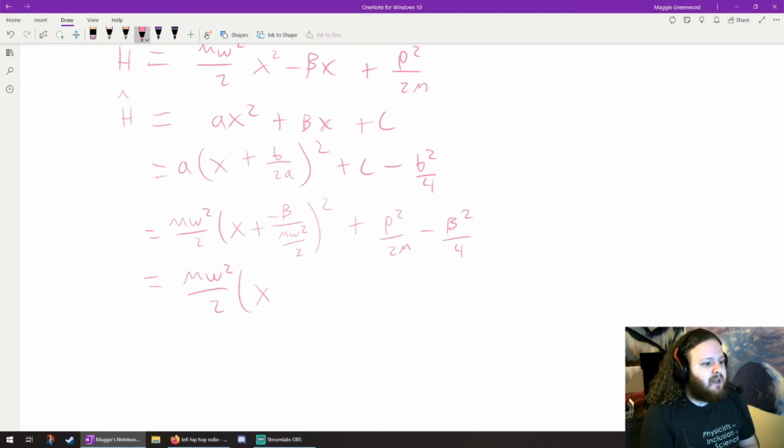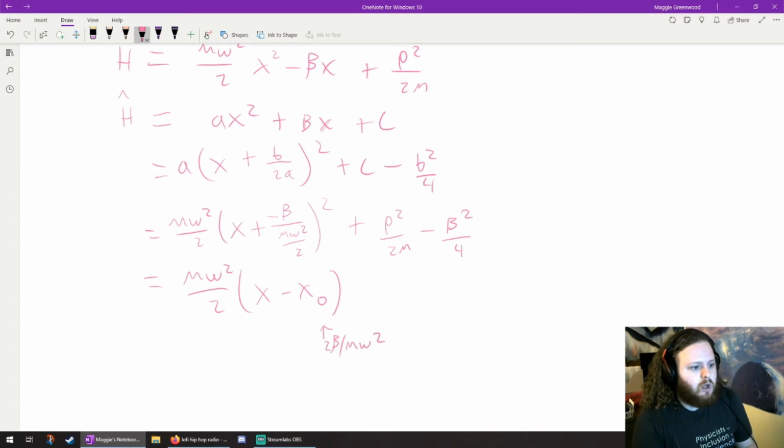So this is some shifted position. It's going to act like a position, and so I'm going to call it some kind of position thing.